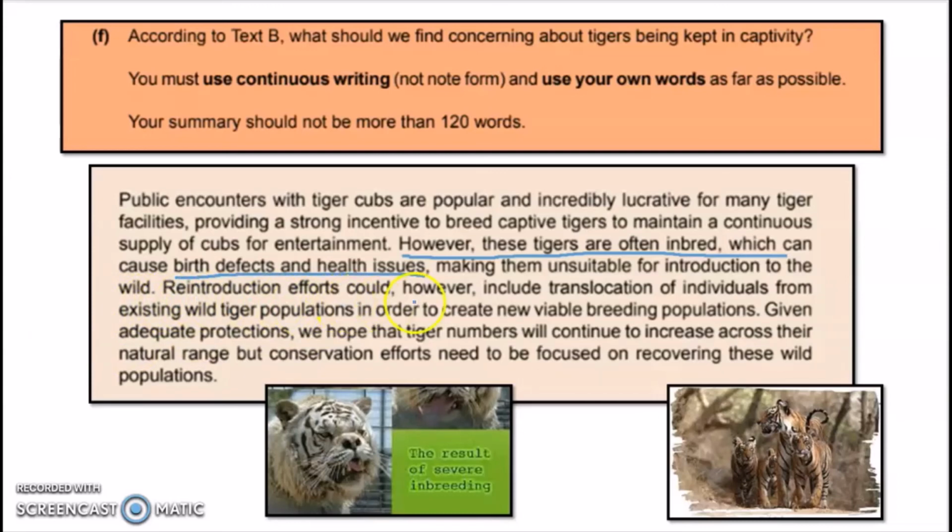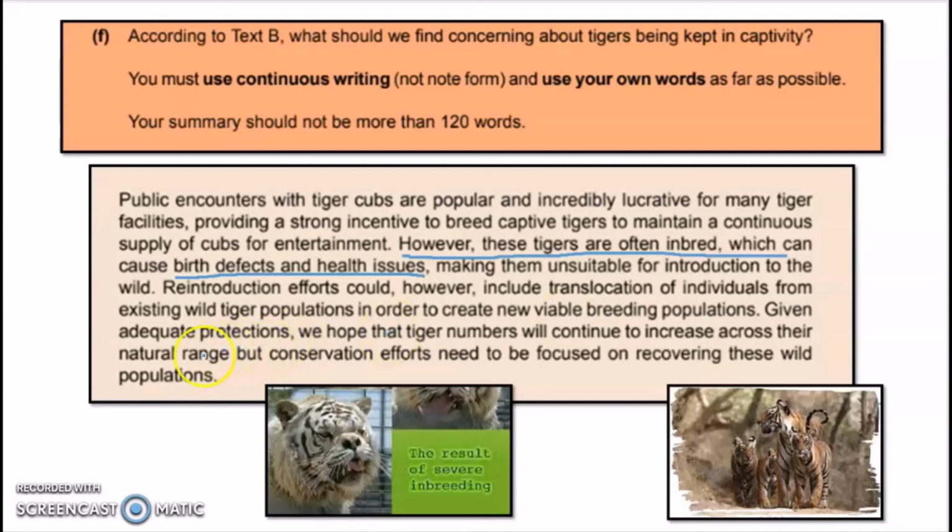Reintroduction efforts could, however, include translocation of individuals. It means change in location from the existing wild tiger population in order to create new viable breeding populations. If you need them to grow, it means that you should take them to some other places for breeding, in order to avoid this inbreeding.